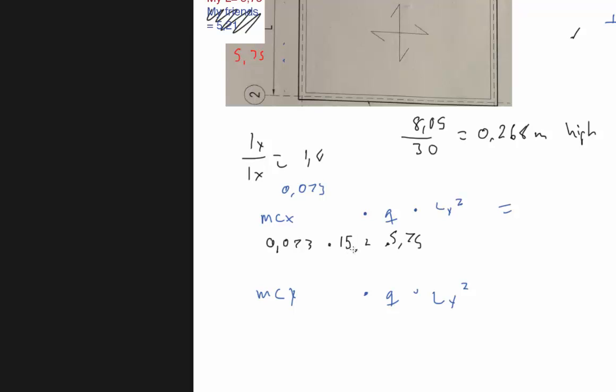Okay, so 0.073 times 15.2 times 5.75 squared. That's equal to 36.7.